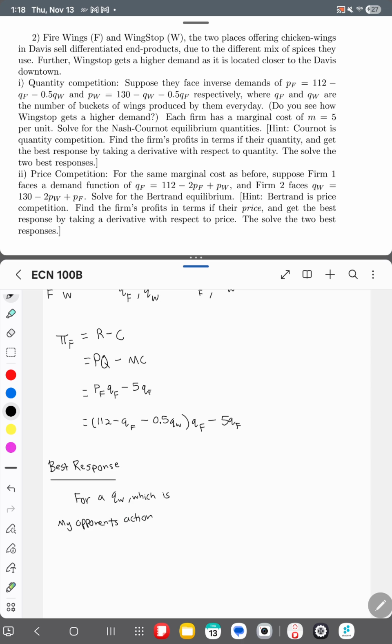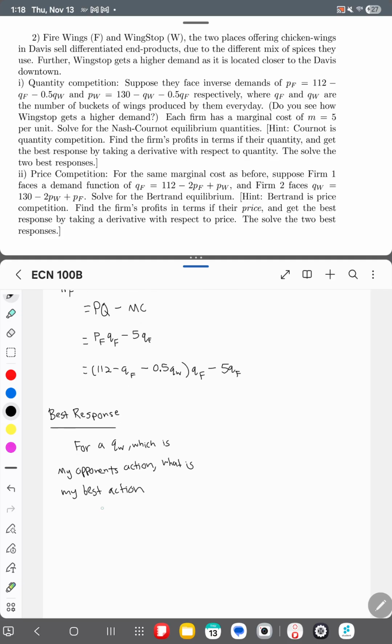That's the question of best response, right? And given this is quantity competition, my action is QF. I just need to find out the best QF for me, the best action for myself. So how do I maximize this pi f with respect to QF? How do I figure out the best QF for me? What should be the trick I use?